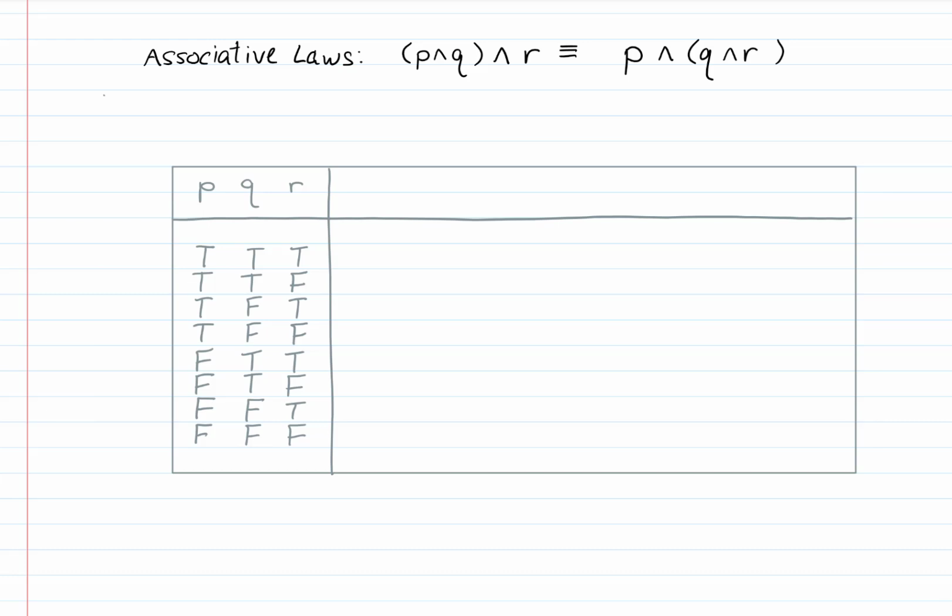I'm going to give you a quick little piece of advice. However many variables you have, which in this case is 3 variables, that means that here you're going to have 8 possibilities, because it's always 2 to the power of how many variables there are.